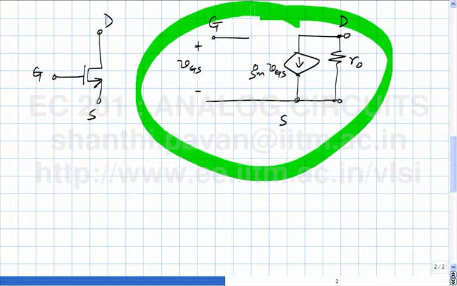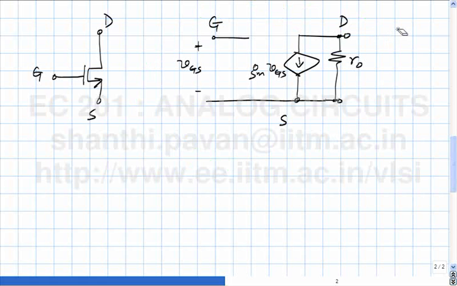We write the nonlinear algebraic equations, add an increment, write the new current, then expand it as a Taylor series, subtract, and come up with the incremental equivalent. You now have to do it with the nonlinear differential equations that govern the operation of the device itself, which is way too complicated for this course. So I will just put down the equivalent circuit, and you take it as given.